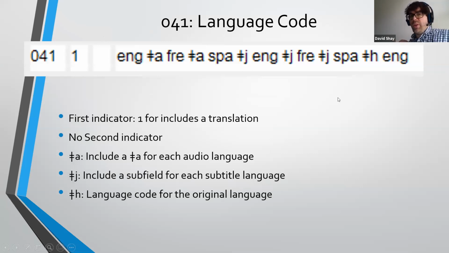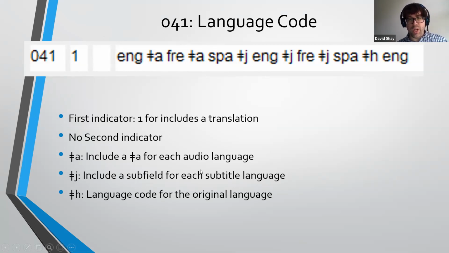041 language codes. I talked about this the other day with books and language of the original. So in our first indicator here, we have 1 for includes a translation, and then no second indicator. Then in subfield A, I have a subfield A for each audio language that's on the disk. So this has English language along with French and Spanish audio.